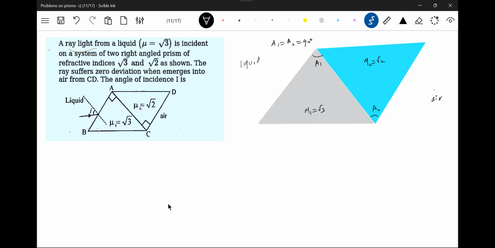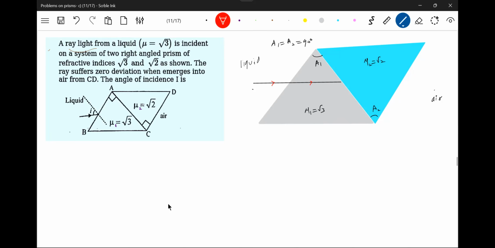The ray goes undeviated, so let me go for the ray diagram. It should go undeviated.